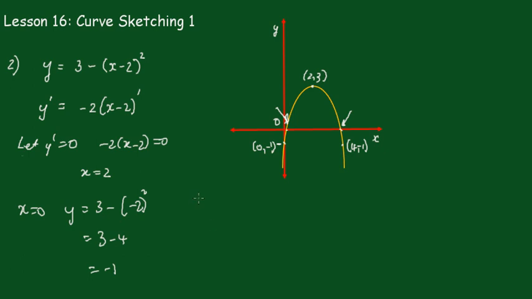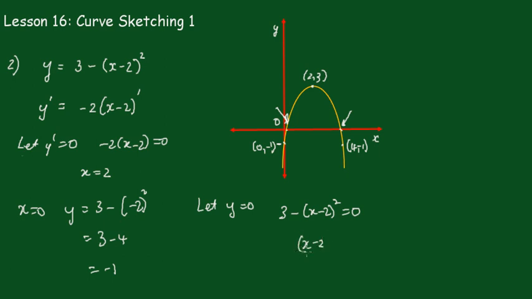Now, we'll let, this time, y equal 0 to locate where it crosses over the x-axis, because the equation of the x-axis is y equals 0, and we see that 3 minus (x minus 2) all squared equals 0. Now, don't expand this out. You could expand it out and use the quadratic formula. It'd be a rather long and pointless task.